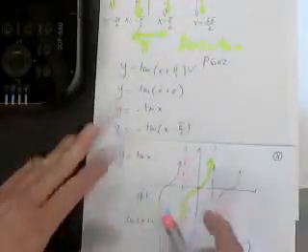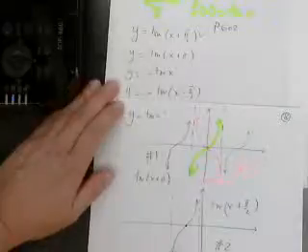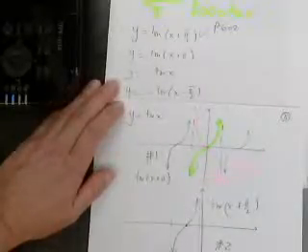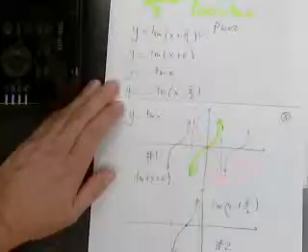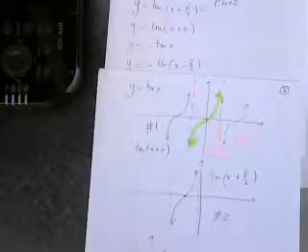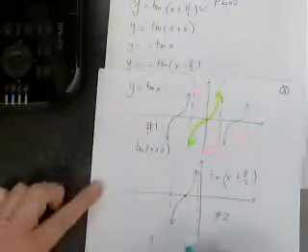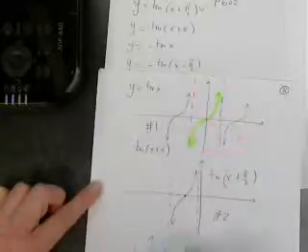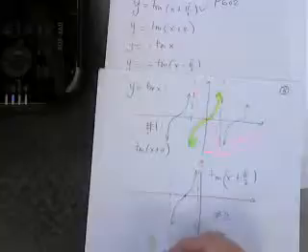So I have to do it in 2 steps. So first, I graph tangent. So here's tangent. Then I move tangent to the right, pi over 2. So the first function is tangent. The second function is tangent minus pi over 2.